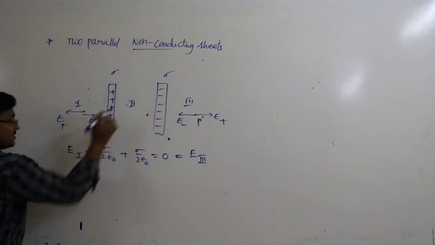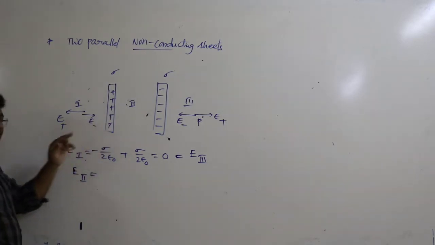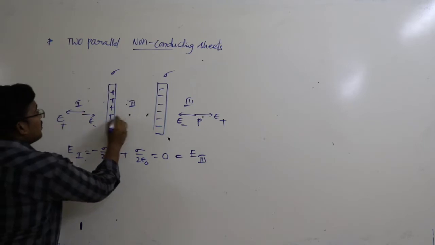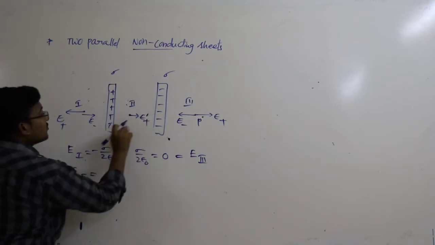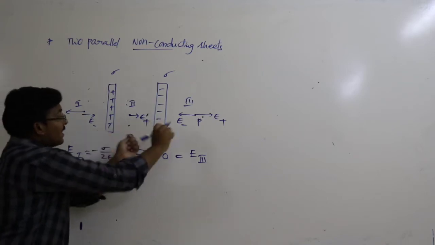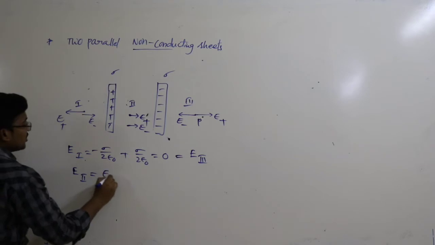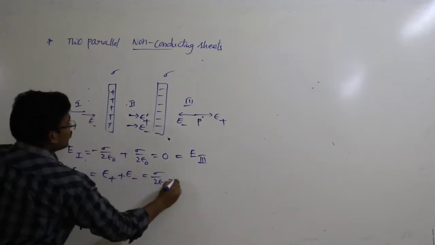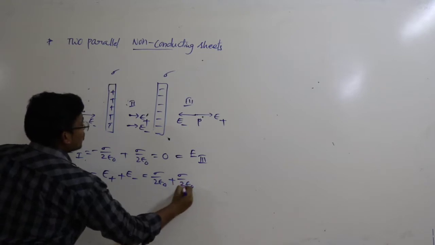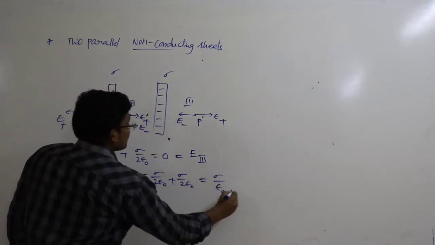Now what about inside? E in between, the second region: due to this one is E plus, and due to this one, the negative will attract it, so this is also in the same direction. So E plus plus E minus, we know sigma by 2 epsilon naught plus sigma by 2 epsilon naught, both add together to sigma by epsilon naught.